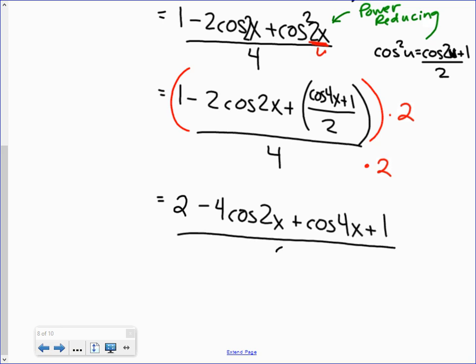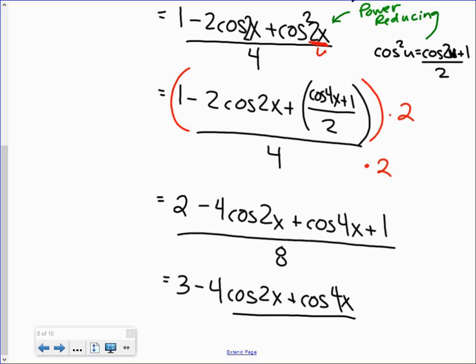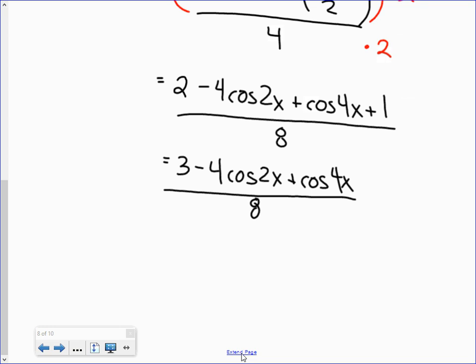All over 8. And then you can clean that up because 2 plus 1 is 3. And now when you look at all your cosines, they have like a double angle, and then we're doing 4x, but they don't have any powers.